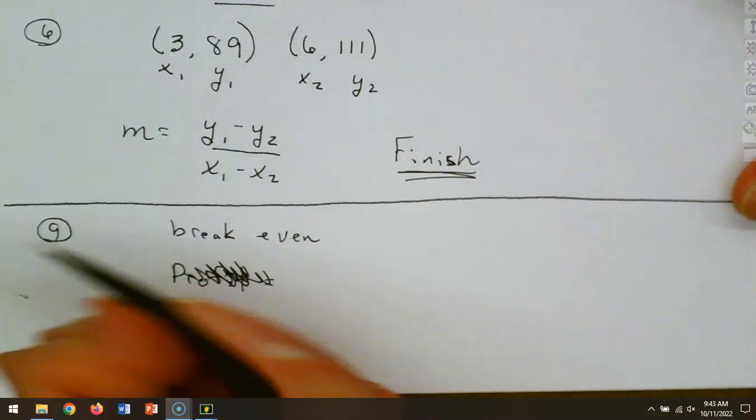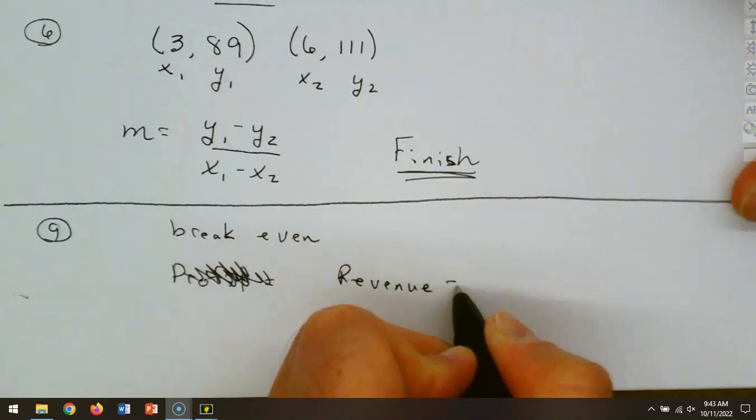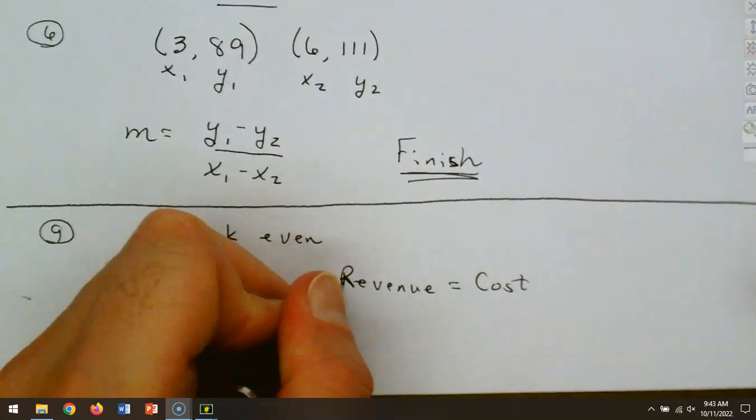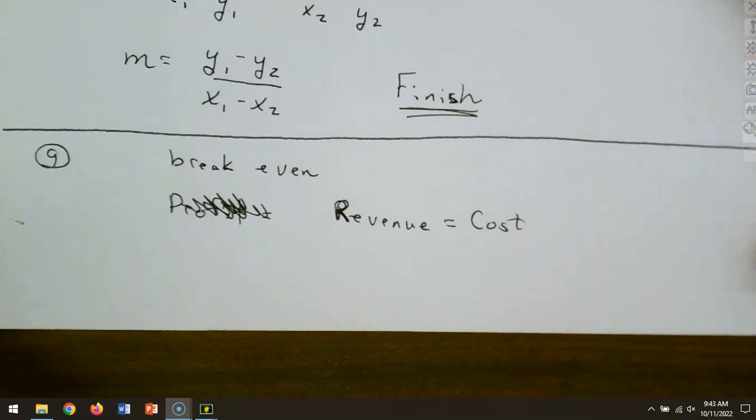That means the revenue equals the cost, right? So what you charge for that item and get out of that item needs to equal the cost. That way you break even. Okay, break even means profit is 0. And we know that profit is defined as the revenue minus the cost.